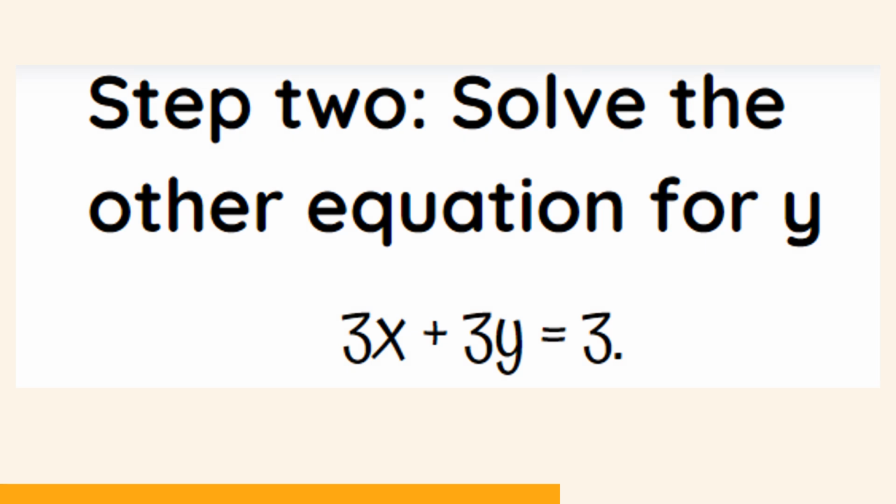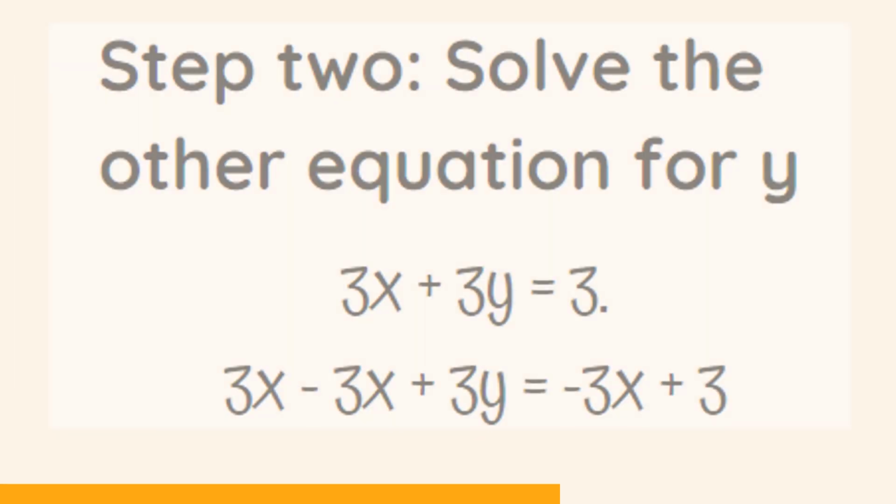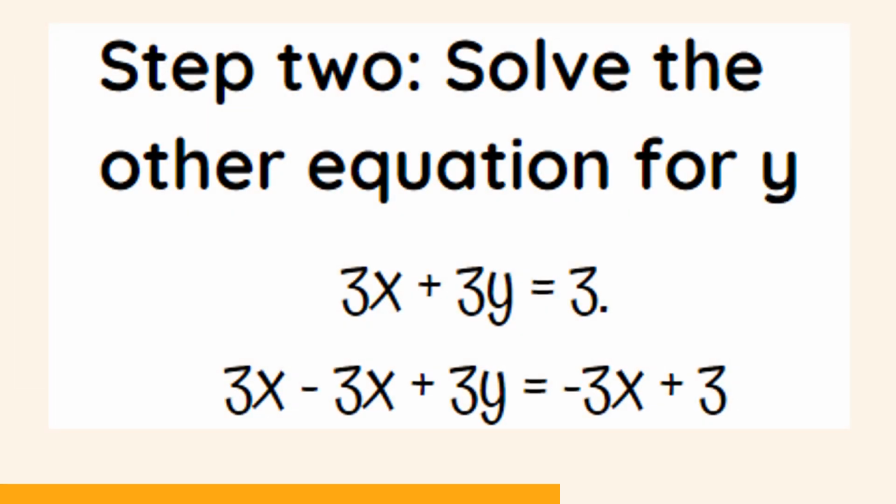Next we're going to solve this equation for y. So remember what to do here? That's right, we're subtracting 3x from both sides. After we subtract 3x from both sides, you'll have something that looks like 3y equals negative 3x plus 3.